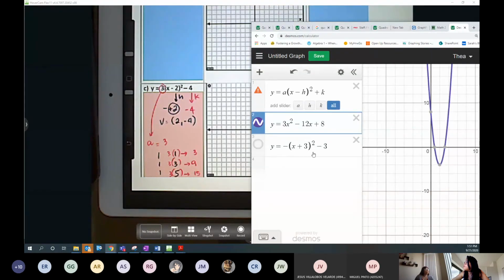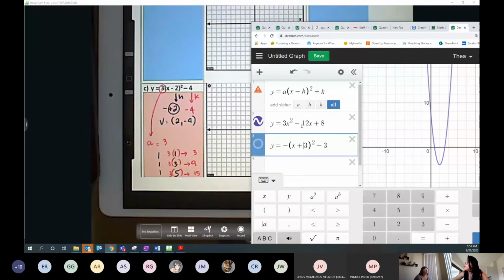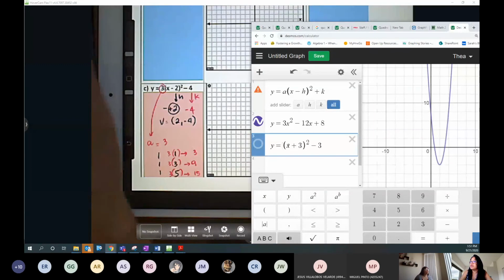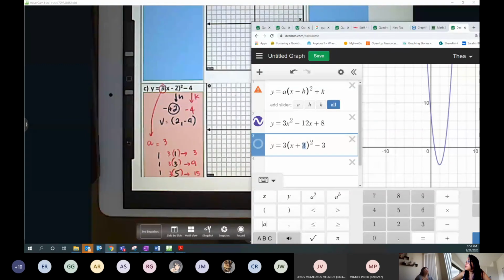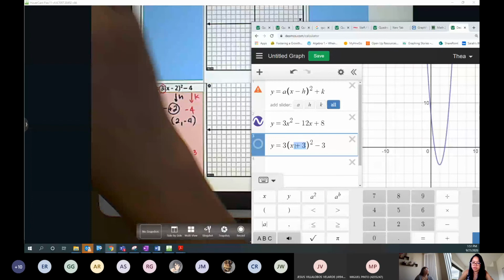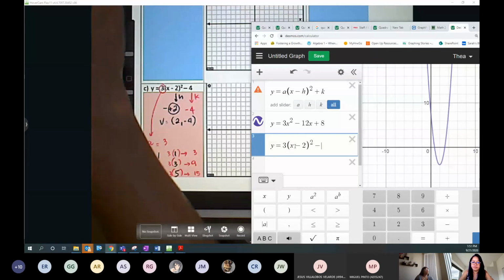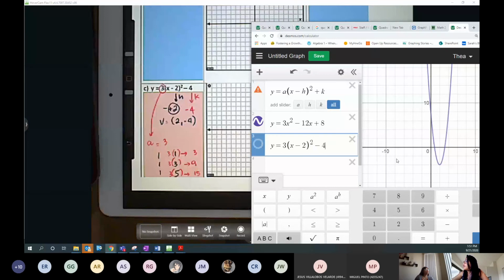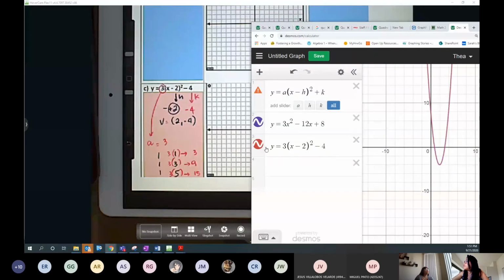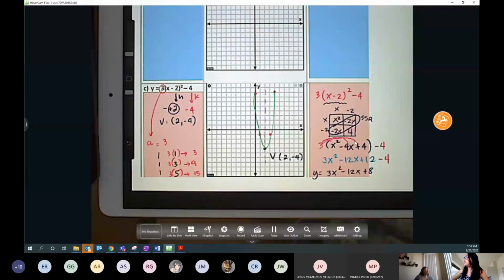All right, so the vertex 2, negative 4, and then we could put the 3 here: 3(x - 2)² - 4. All right, so these two are the same. And then the 8 is where it crosses the y-axis, so that's the y-intercept. Okay, so this one is correct.